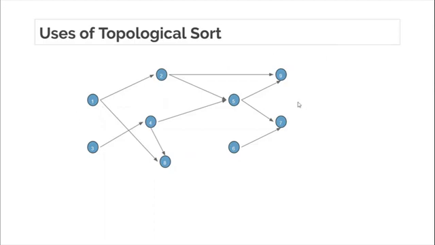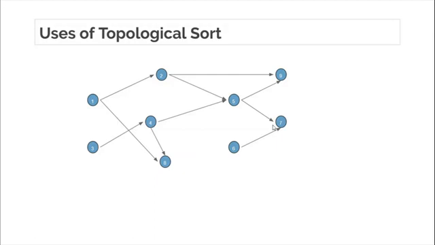So this is a dependency graph of things, and the arrow indicates that this process depends upon that process. So you cannot start a Django project and say, okay, let me finish the Django project first and later I'll install the Django framework.